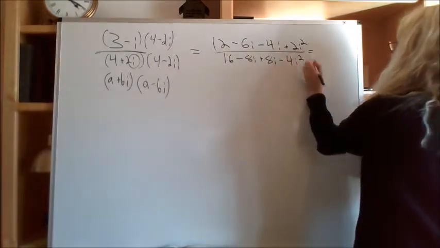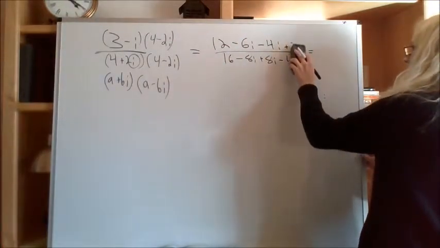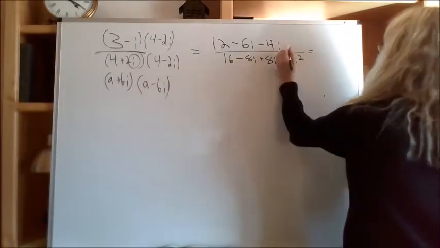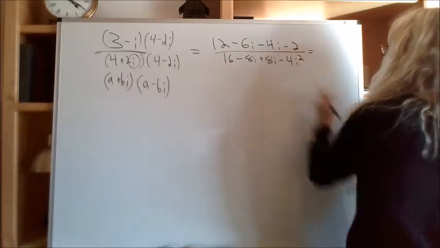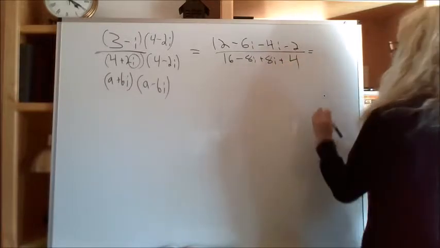So if we simplify this, we know that i squared is -1. So that instead of plus 2i squared, we have minus 2. And so this will be plus 4.